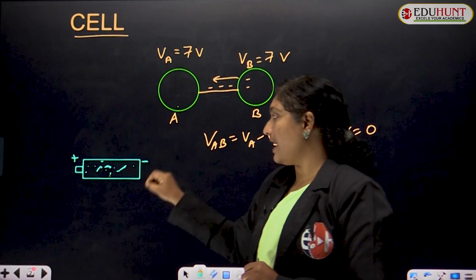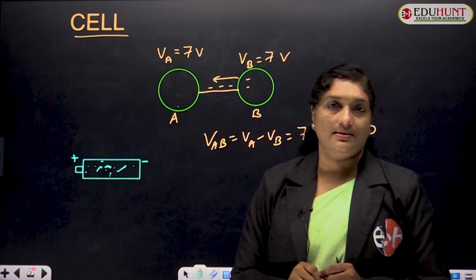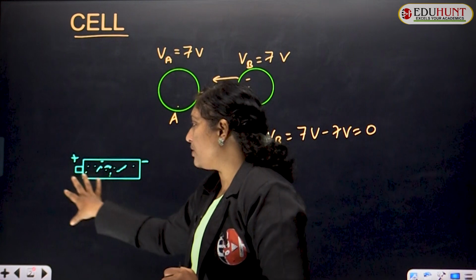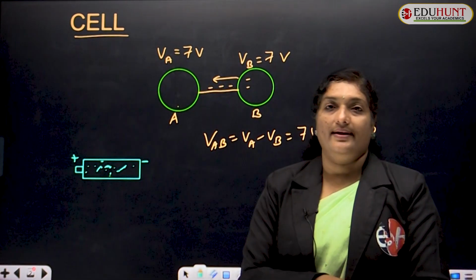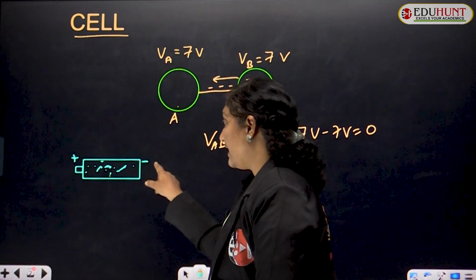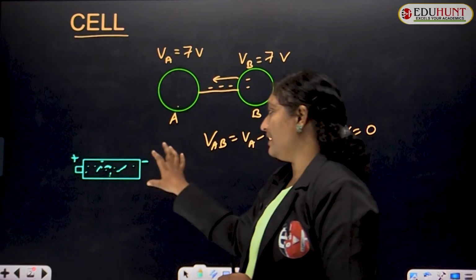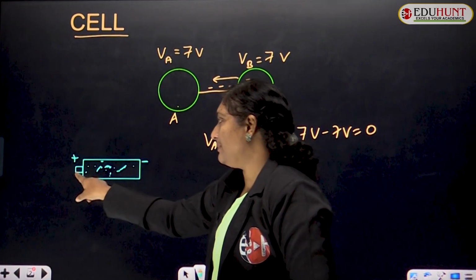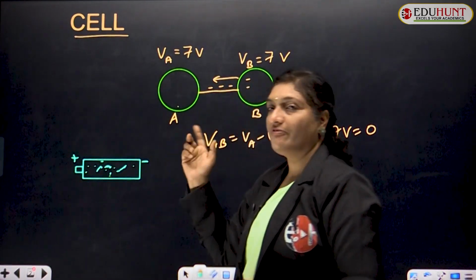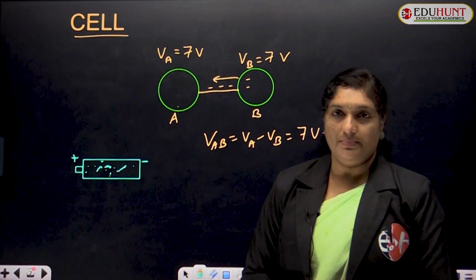The terminal where all the positive charges are accumulated is named the positive terminal, whereas the end where all the negative charges are accumulated is named the negative terminal. So the cap-like structure becomes your positive terminal, whereas the flat plate-like structure becomes your negative terminal.